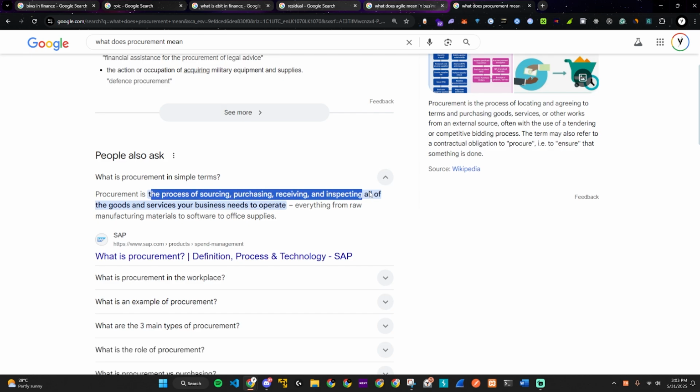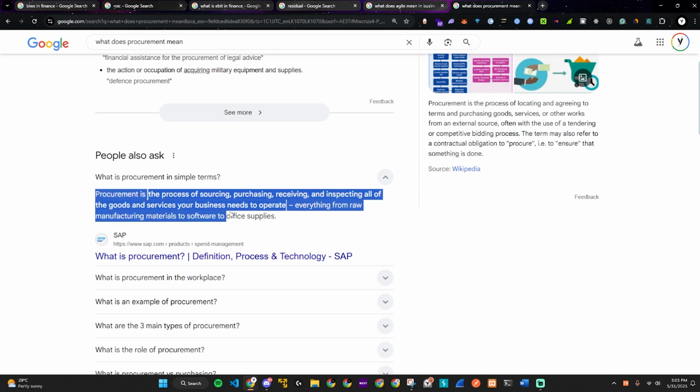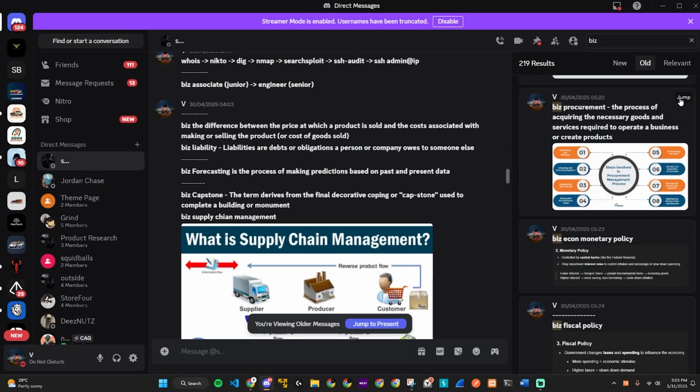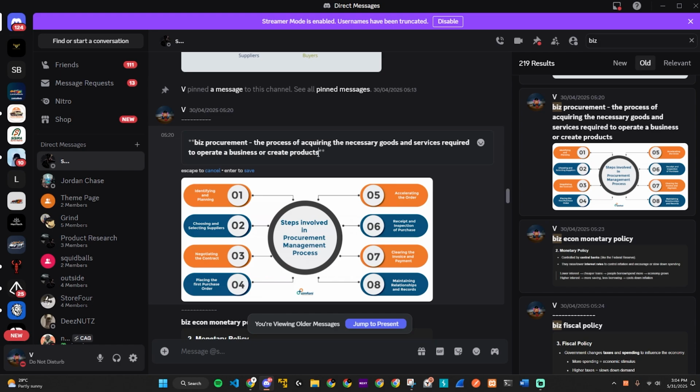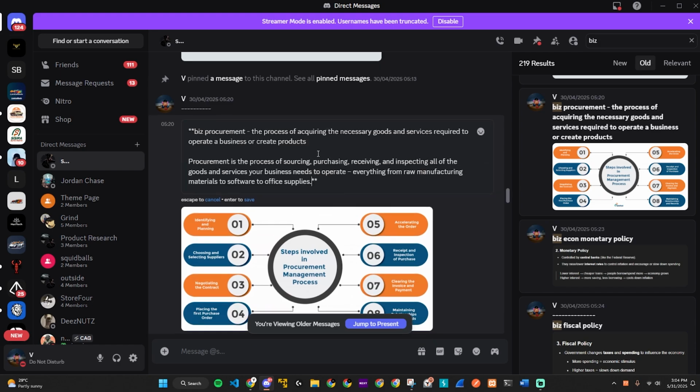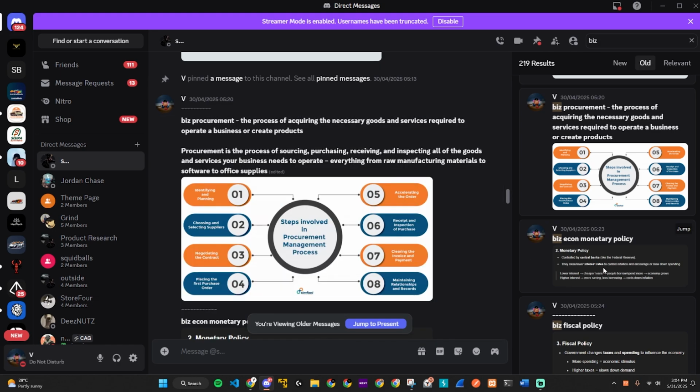The process of sourcing, purchasing, receiving, inspecting all of the goods and services your business needs to operate, everything from raw materials to software supplies, right? The process of acquiring necessary goods and services required to create a business or create products.